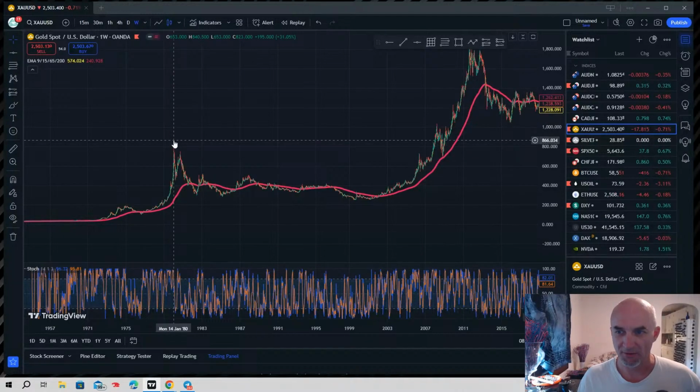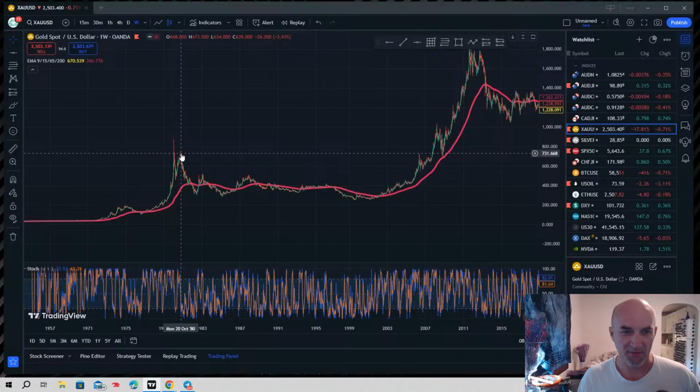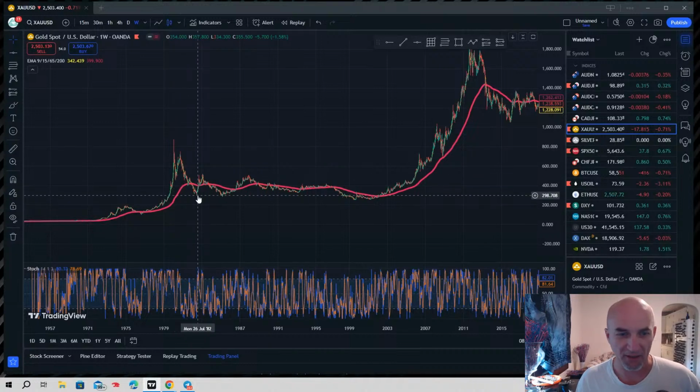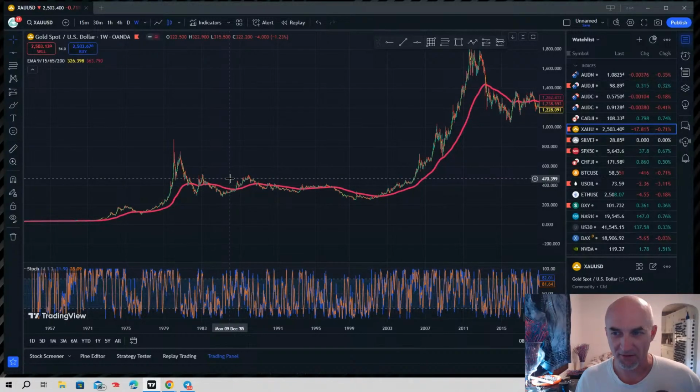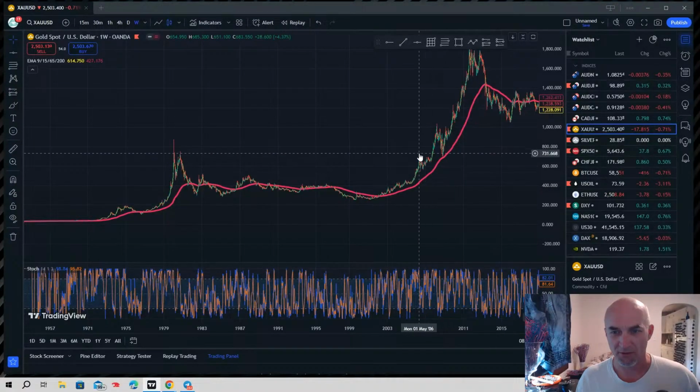Gold spiked up to $866, and then dropped back down to like 477, then went back up to 742, and then came back down to like $300, and it stayed in the $300 to $400 range all the way until 2005. That's when it took off. Whoosh. There we go. See, it broke the 800 again right here.